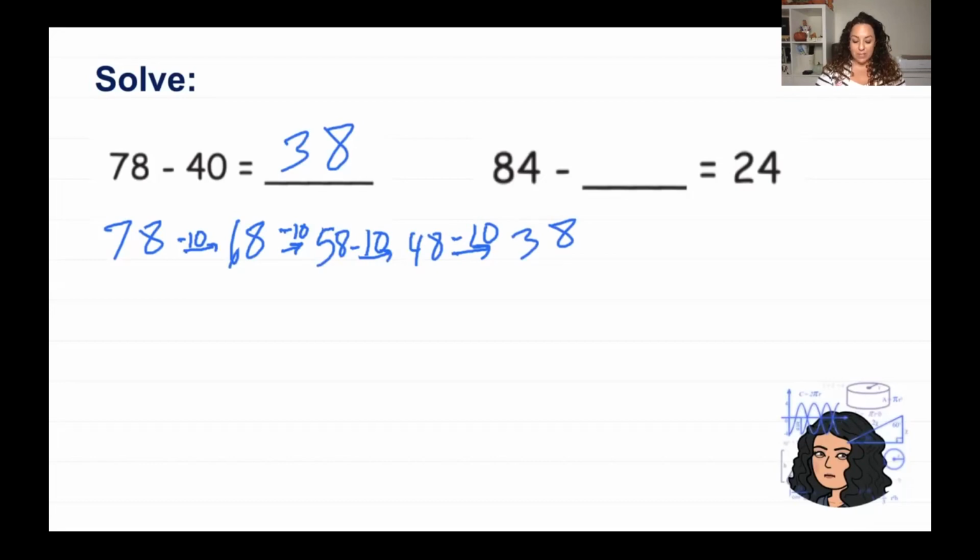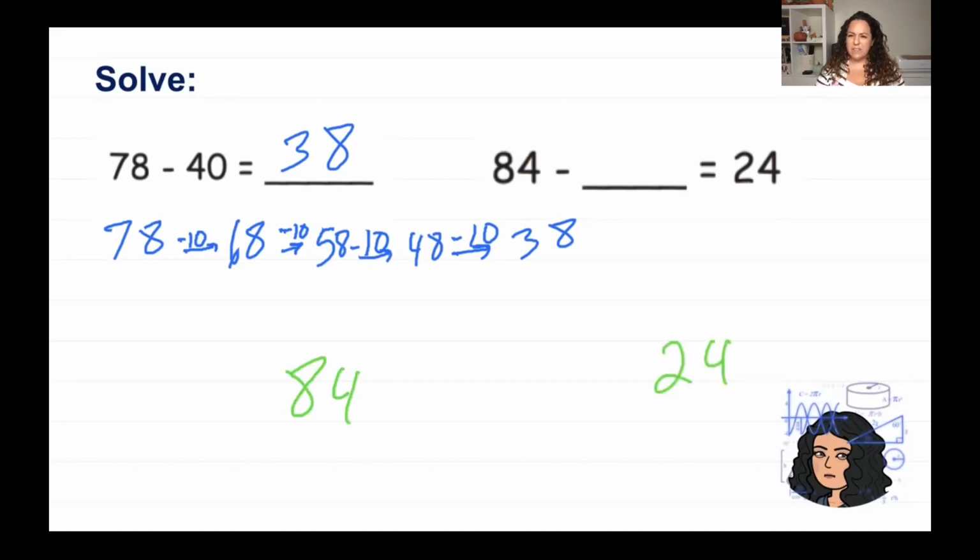So let's go ahead and look at this one, 84, and I have to get to 24. So if I start at 84 and I'm subtracting, that means I'm taking 10 away. The number in my ones place is 4 in both numbers, so I know I'm just jumping 10. So let's go ahead and start that down here so I have some more room. I have 84, and I want to get to 24.